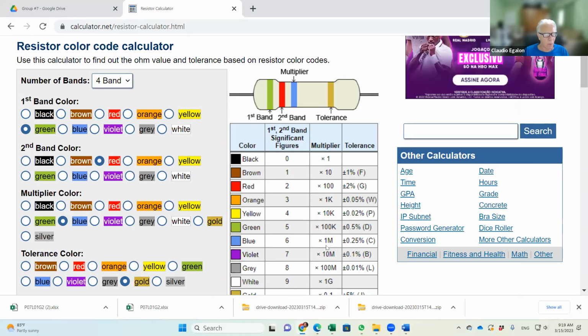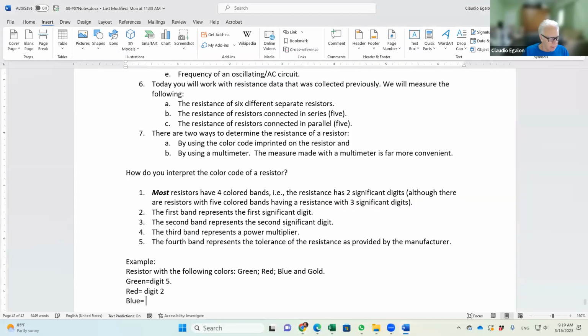Blue represents 1 million, 10 to the 6. If the blue is in the first or second band, it will represent the number 6. But if it is in the third band, it will represent the number 1 million as a multiplying factor. Factor 1 mega.